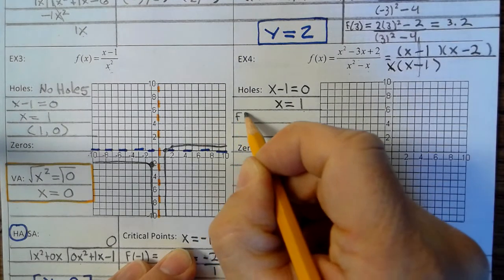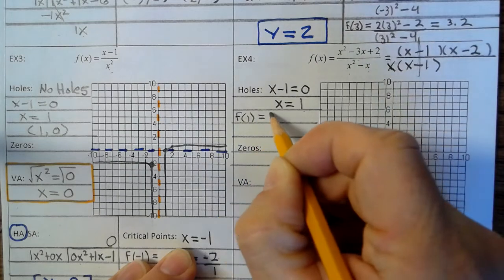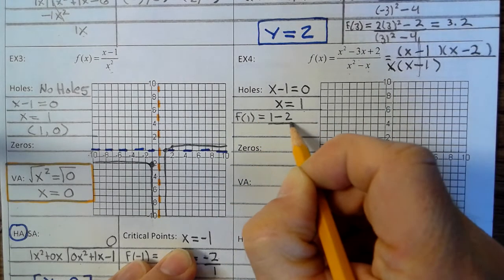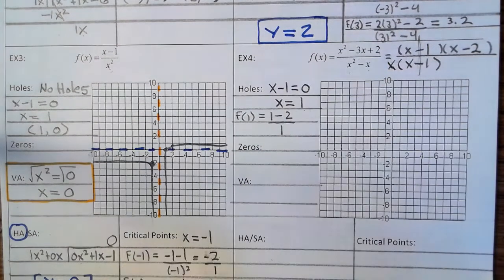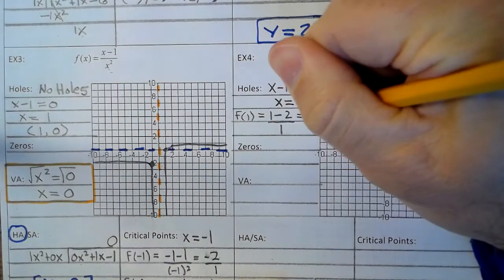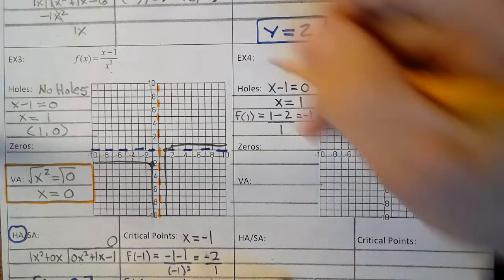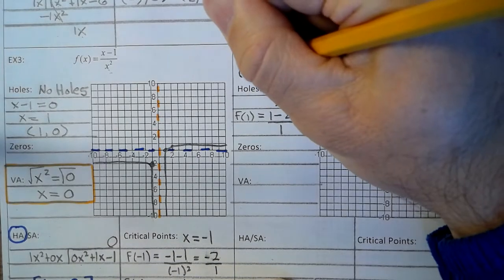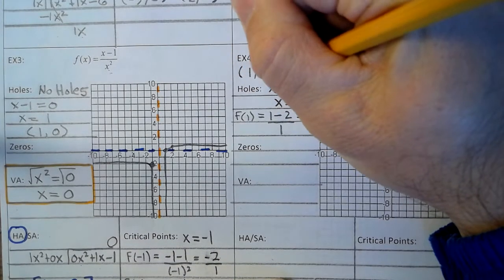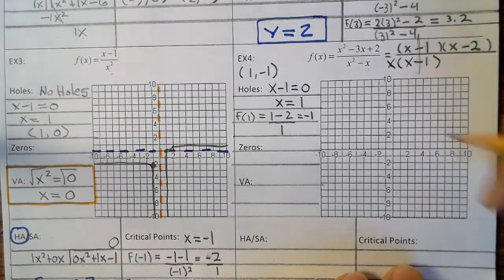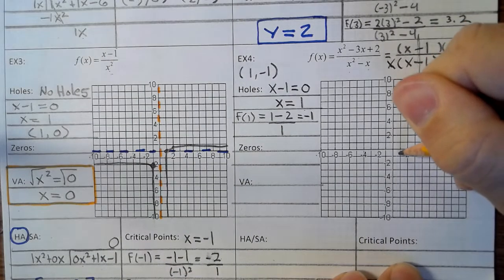So f of 1 equals 1 minus 2 divided by 1, which equals -1. So we have a hole at 1 comma -1. So we go to 1, -1, and we have a hole. That's an open circle at 1, -1.